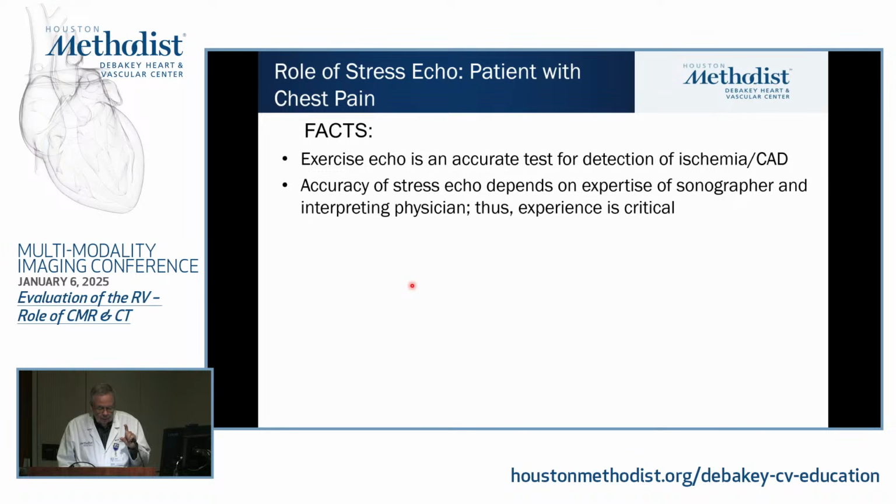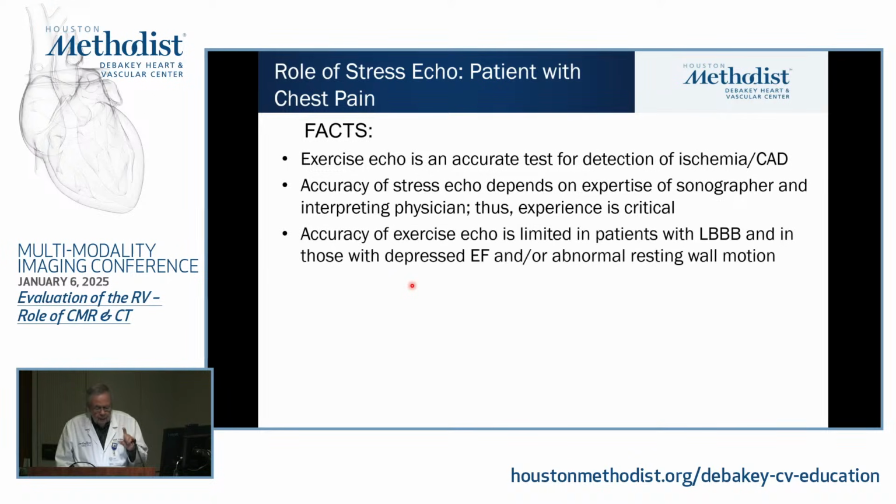You are the captains of the plane on this one. The accuracy of stress echo is limited in patients with left bundle branch block and also in people with depressed EF and abnormal wall motion at rest, unless you use either dobutamine or bike. On a treadmill, it would be very hard to know what you're dealing with because you're already starting with something abnormal at rest.